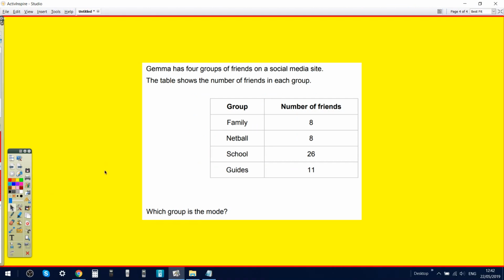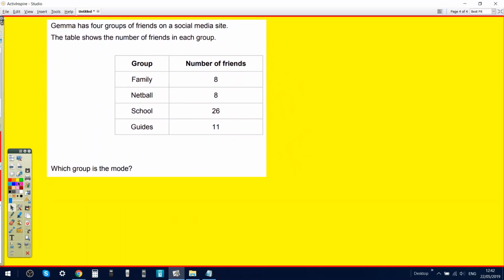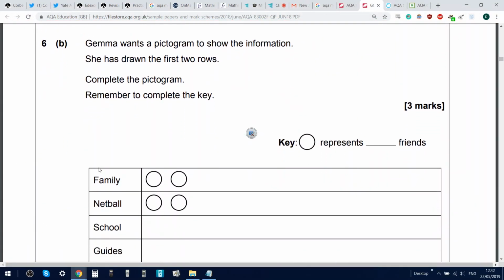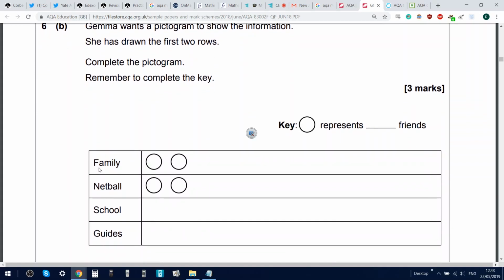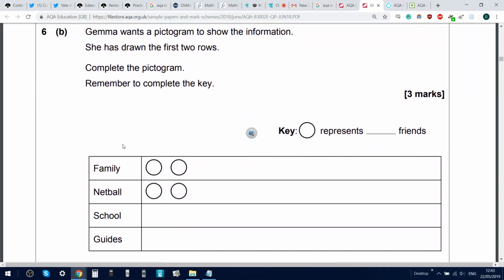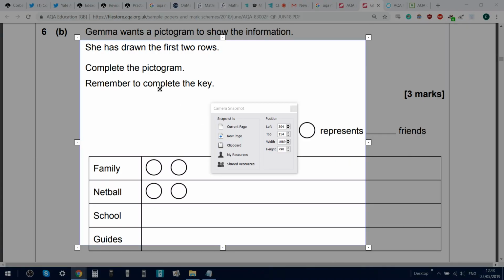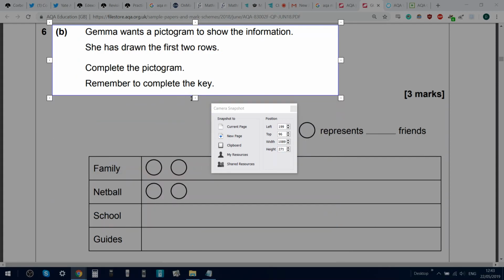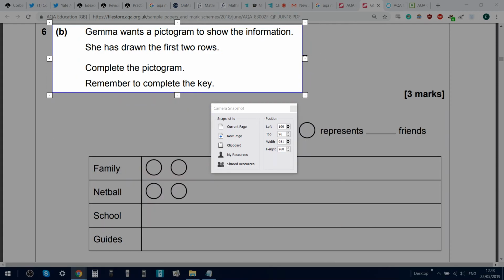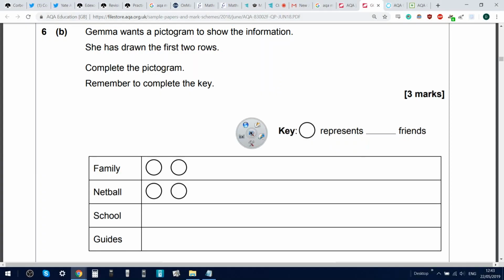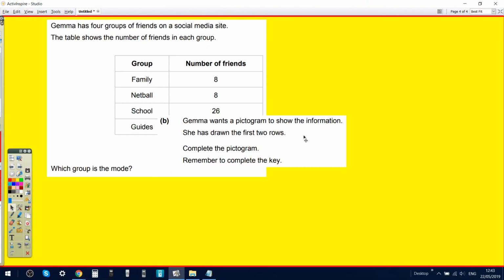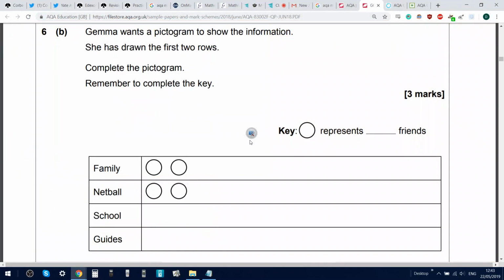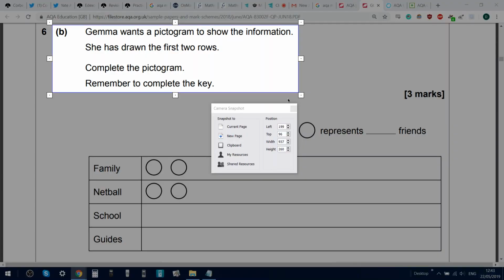How about this? Okay, which group is the mode? So the mode is the most frequent. So it'd be 26. It's not 26. It's not the highest frequency. It's what that matches up with.